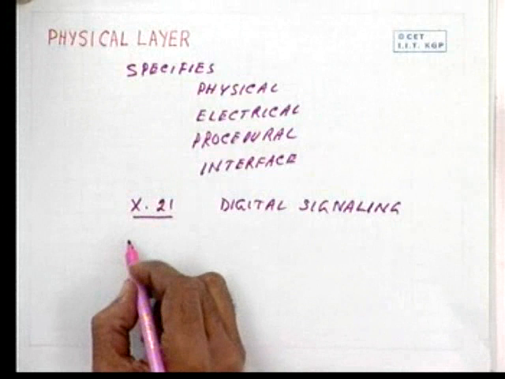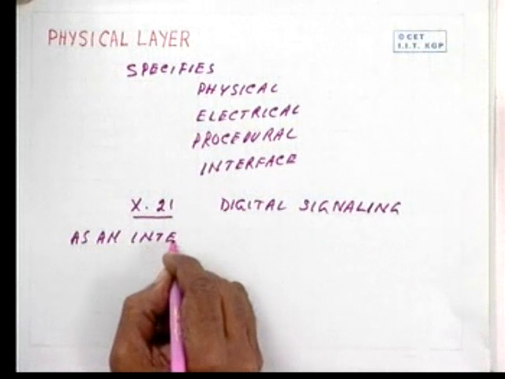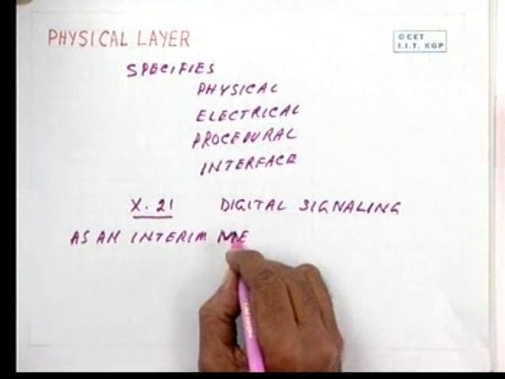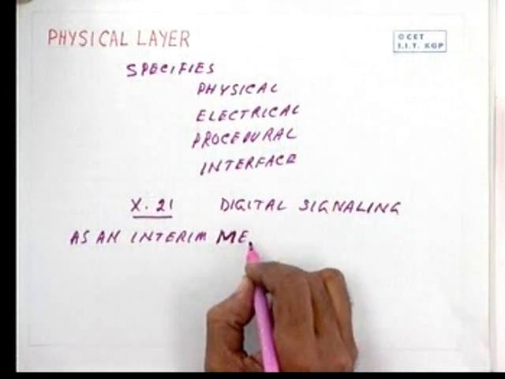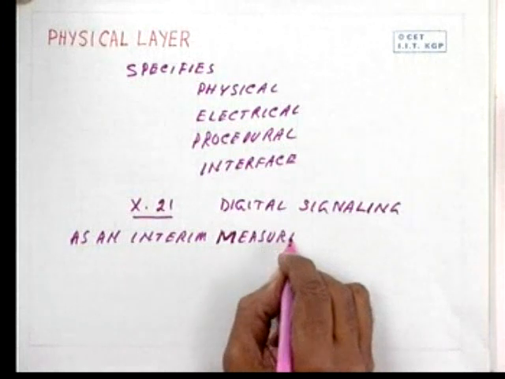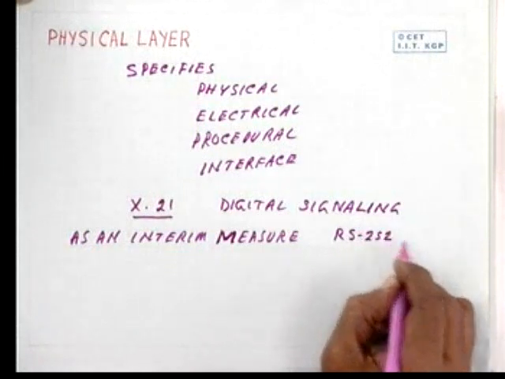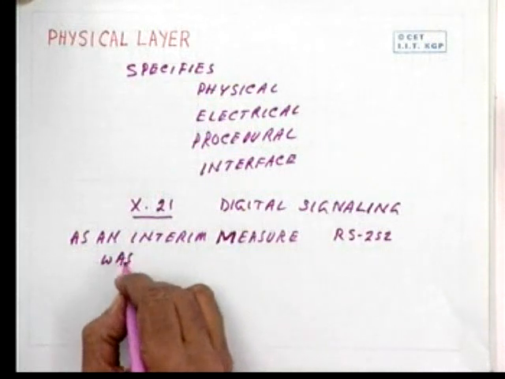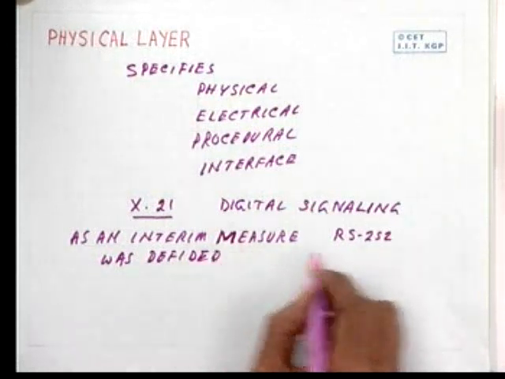And as an interim measure, until all the nodes or stations are capable of providing digital signaling, a protocol somewhat similar to RS-232 was defined, and this is widely used.